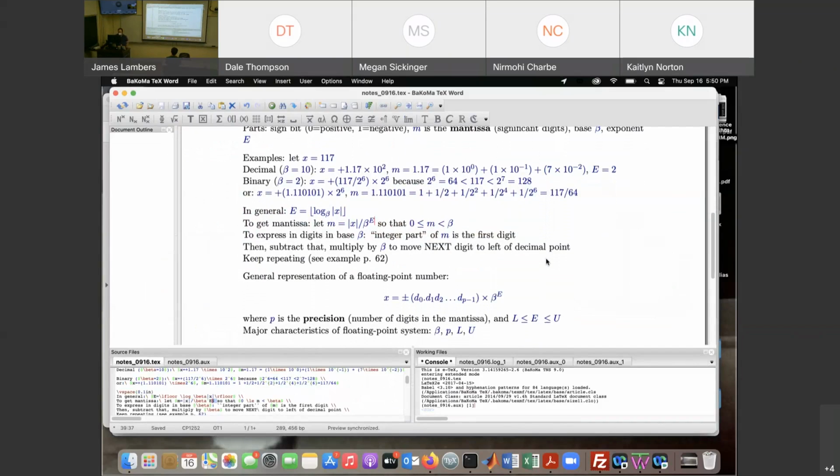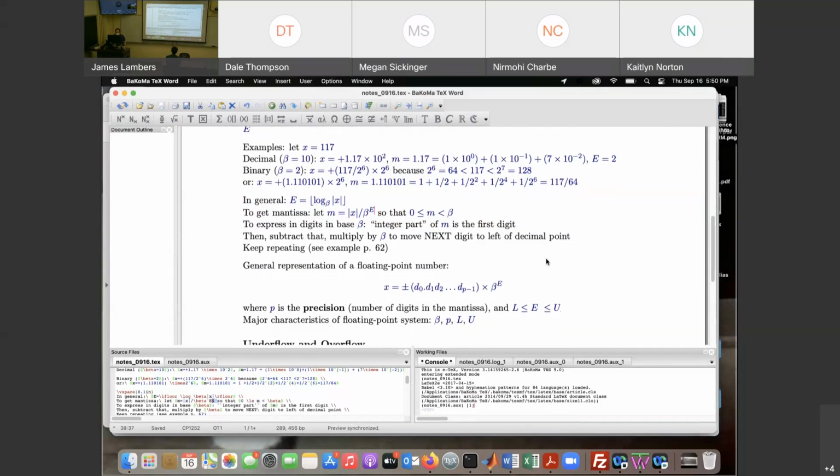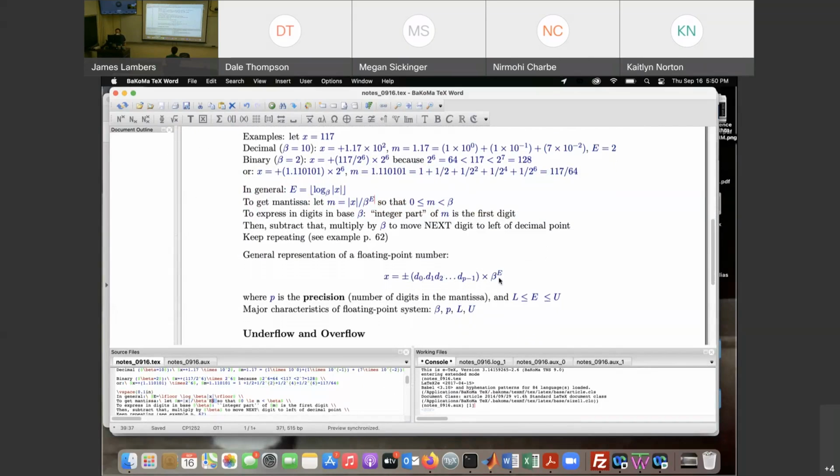So for a general floating point number system, here's how the number is represented. We have our base raised to the exponent, times plus or minus, and then here are the significant digits. So we have one digit to the left of the point, and then all the other digits that correspond to negative powers of the base.